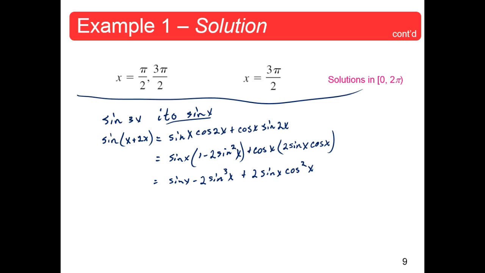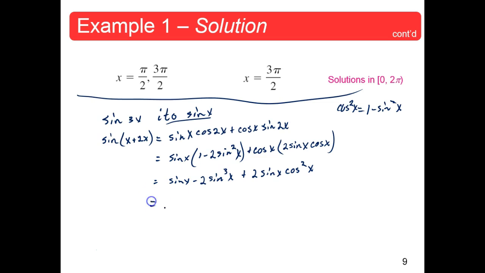Pythagorean identity, you nailed it right on the head. And how does that go? Cosine squared x is equal to 1 minus sine squared x. Remember? Cosine squared plus sine squared is 1. Subtract sine squared from both sides. You got cosine squared x equal 1 minus sine squared x, right?